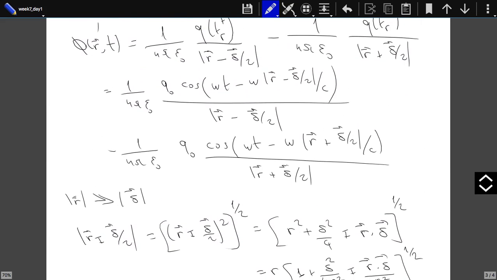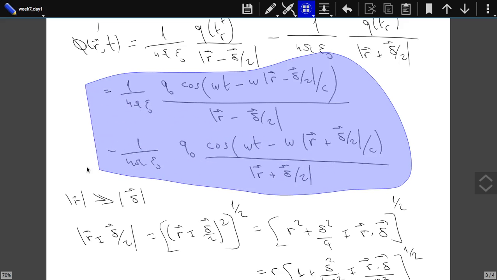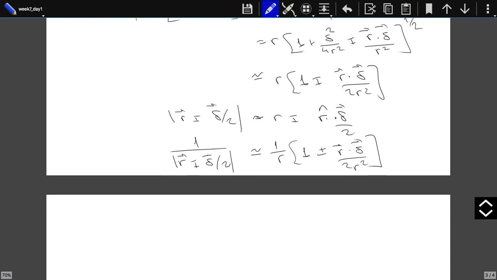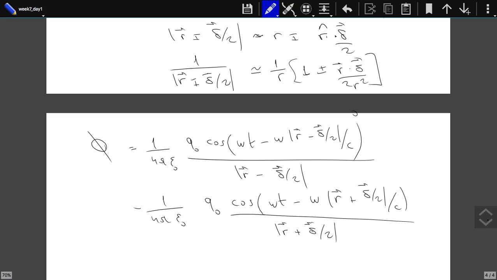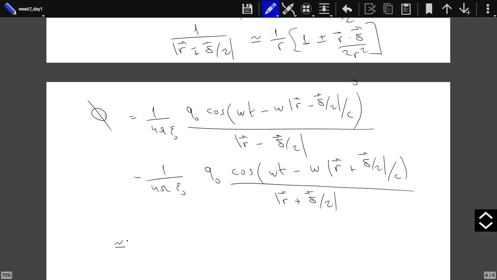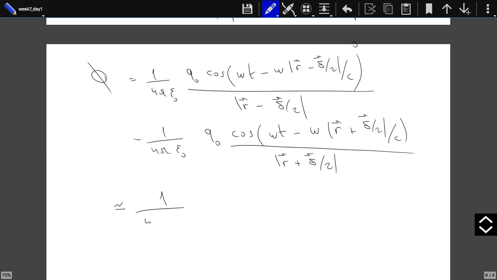Now let's go back. This was our potential. So this is approximately 1 over 4 pi epsilon 0 times R. One has 1 over R minus delta over 2. The other one has 1 over R plus delta over 2. I only keep the 1 over R term.